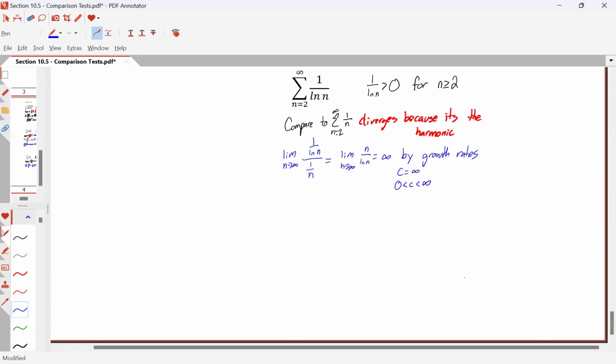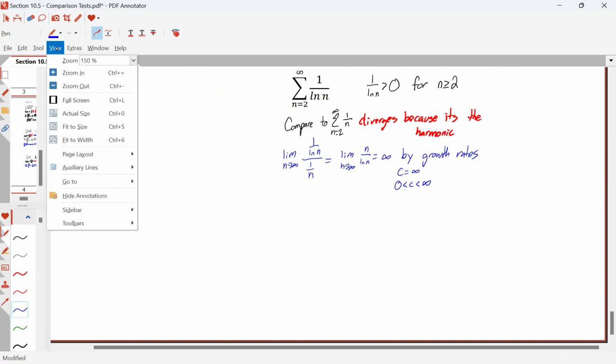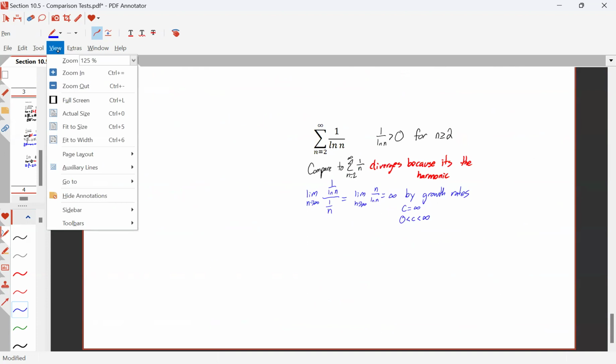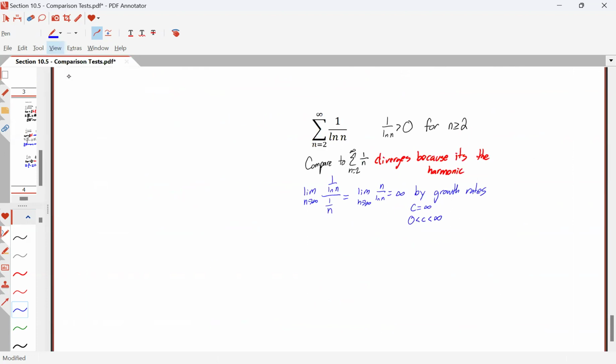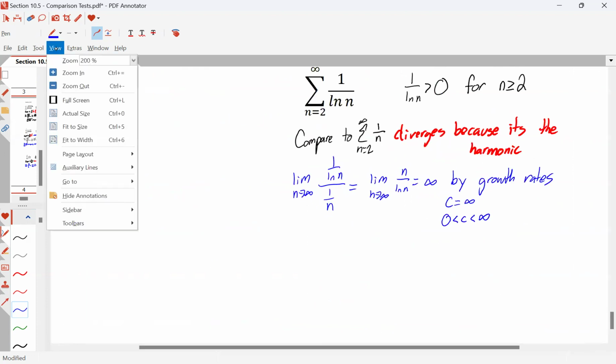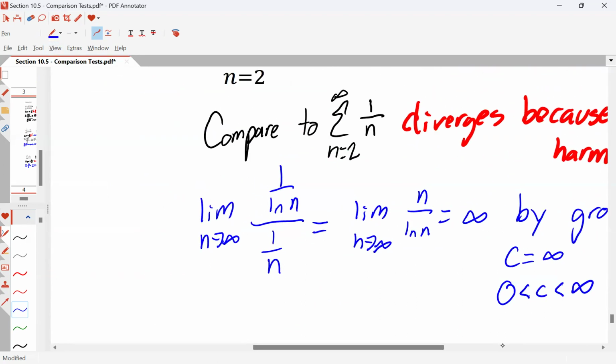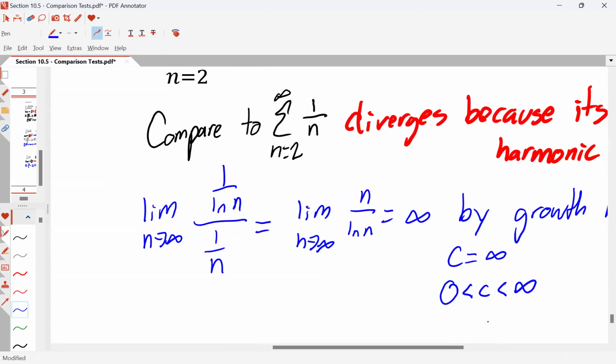If we had compared to 1 over n squared, we would have actually gotten the same limit. We'd have n squared over the natural log of n, which is still infinity. However, 1 over n squared converges, and so that wouldn't have actually worked.